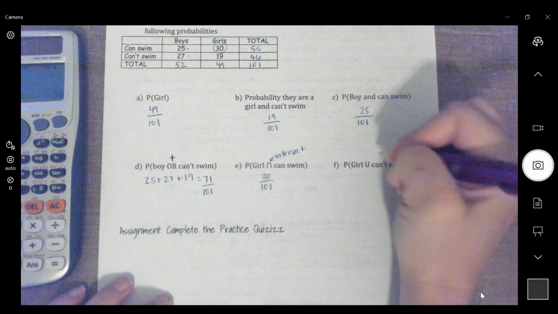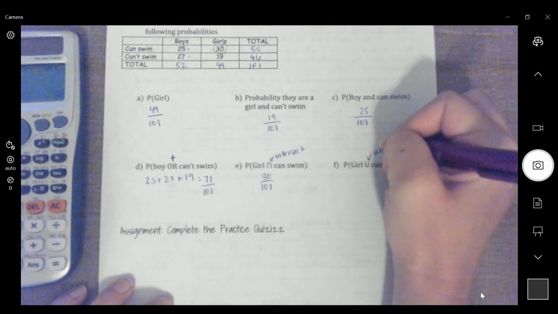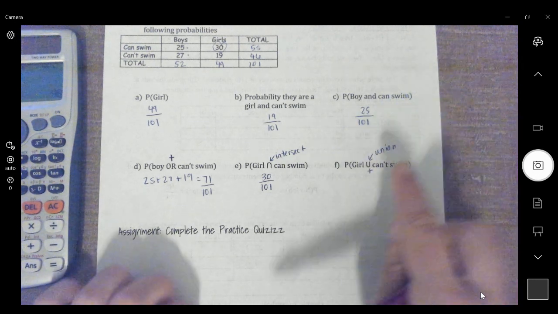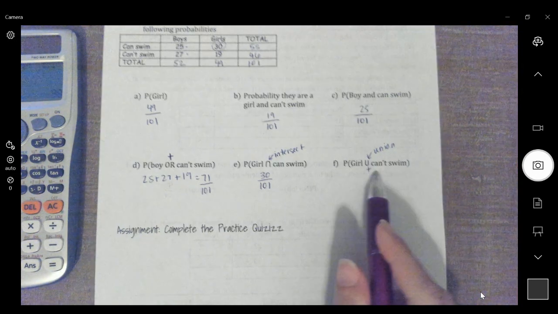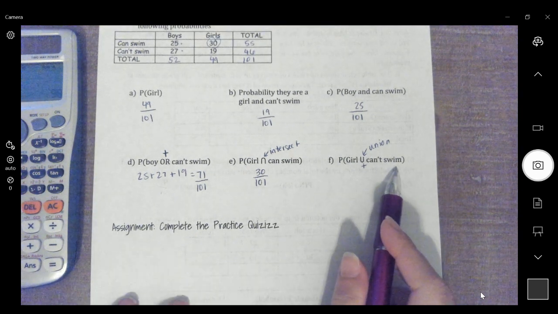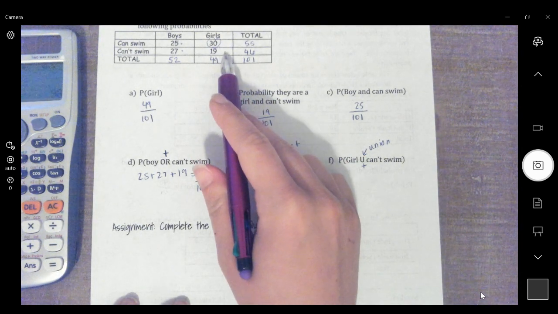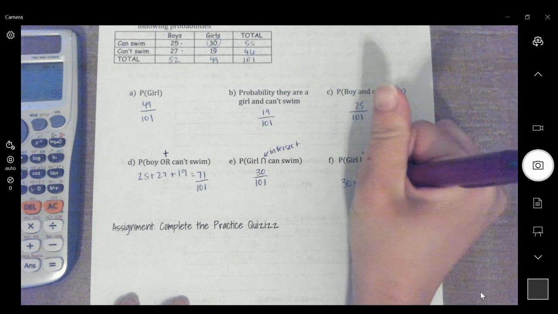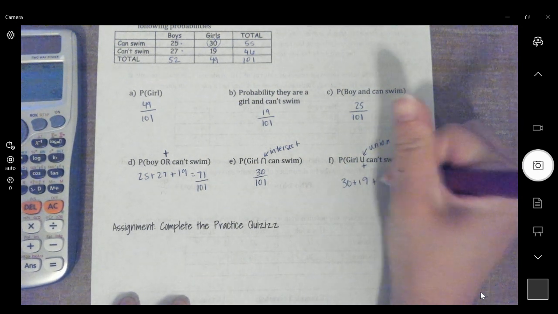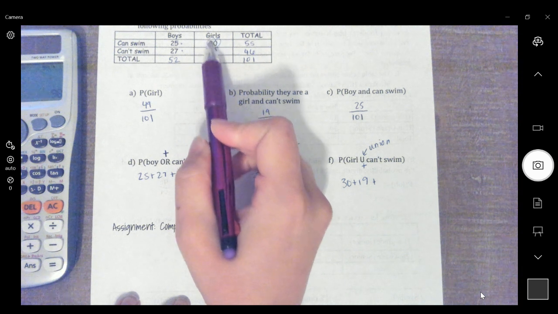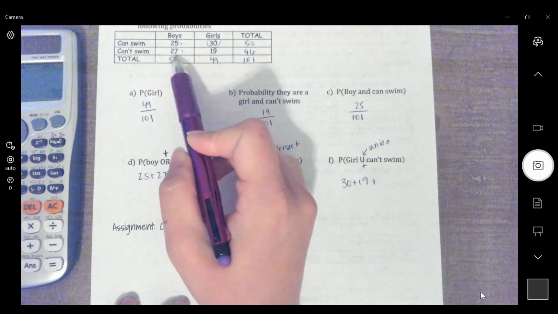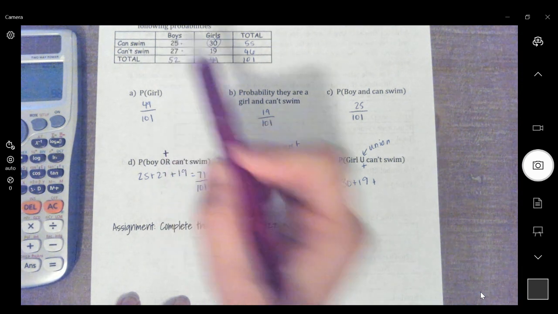And then my last one, I see that's my union symbol. So that means I'm going to be adding those together. Union means put together. So girl union can't swim. So girls, I have 30 plus 19, or you could put the 49, plus anyone else that can't swim. I've already counted these, so the only other people that can't swim are these 27.